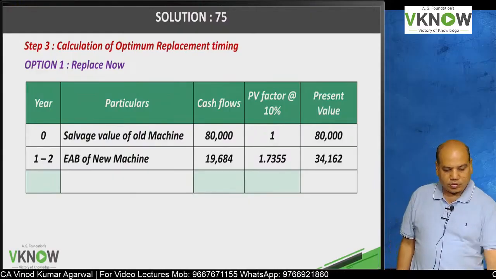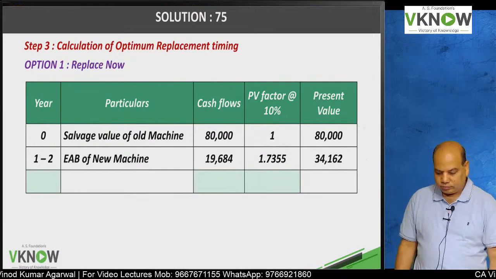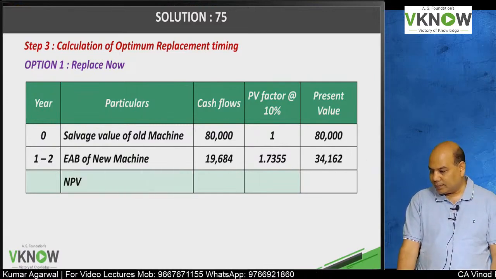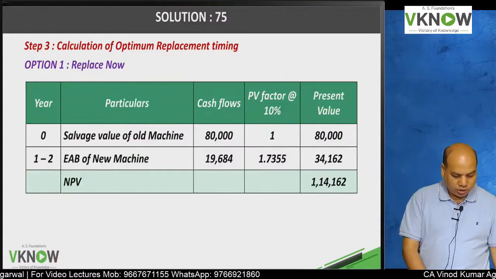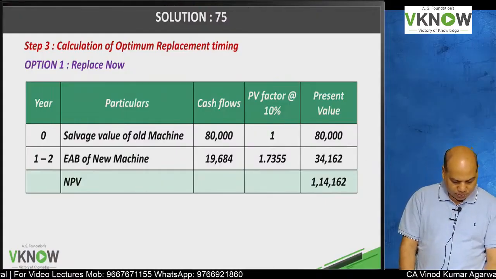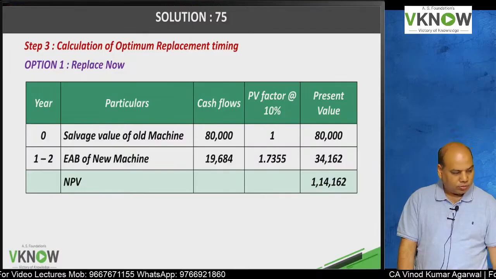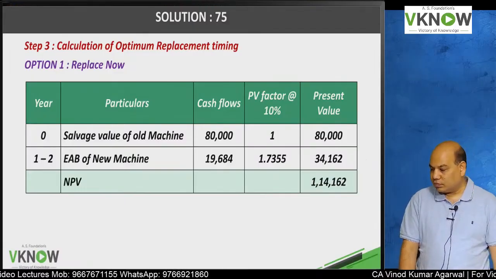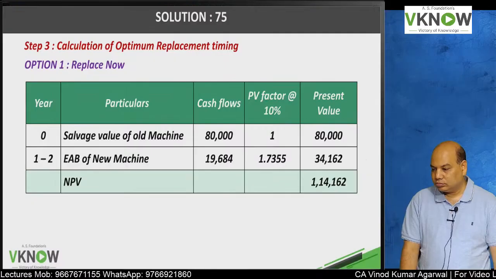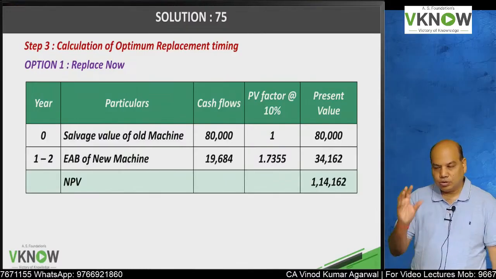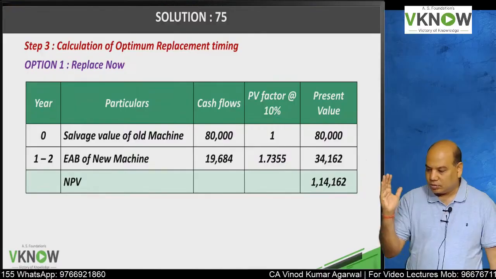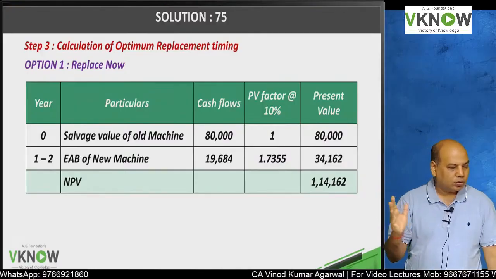Is it right? Do you agree? So my NPV will be the total of the two, not the difference. NPV will be 114162. If you replace now, the PV of cash inflow for the first 2 years will be 114162.